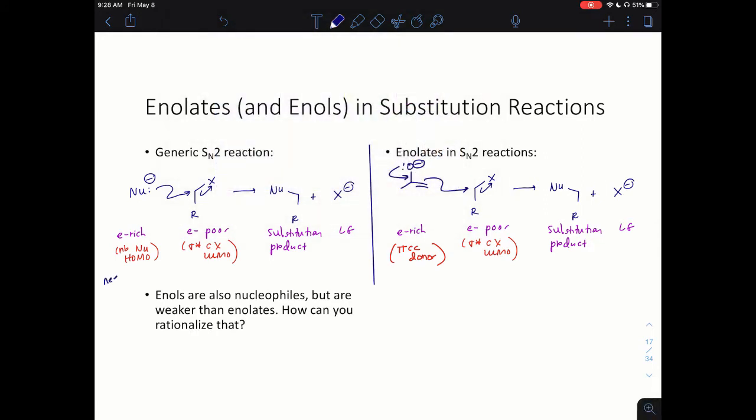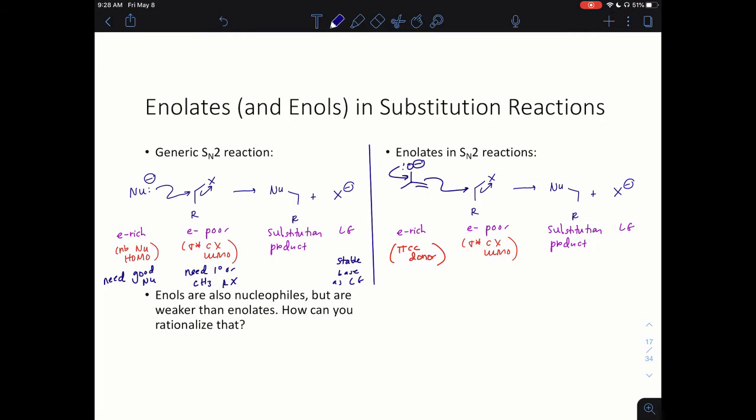We need a good nucleophile, and nucleophilicity is measured, and we are familiar with the trends in nucleophilicity. We need a primary or methyl halide for a fast SN2. And then finally, we need a stable base as the leaving group.